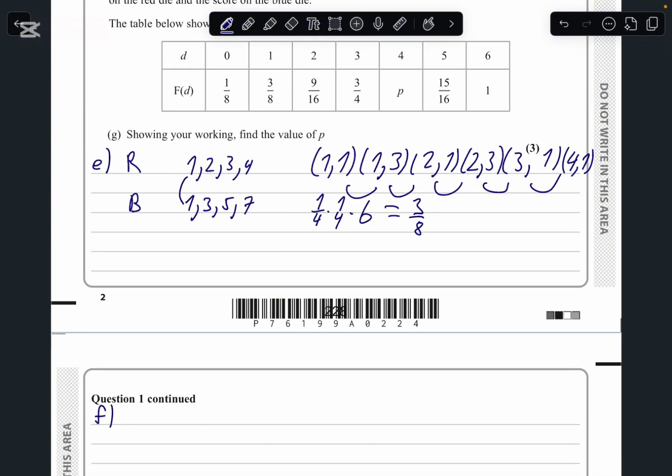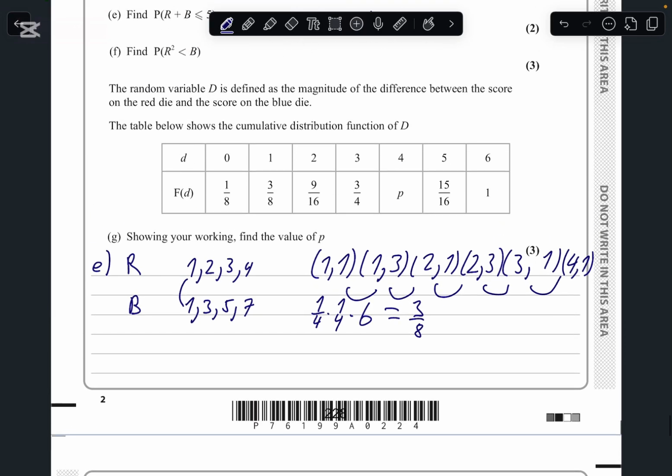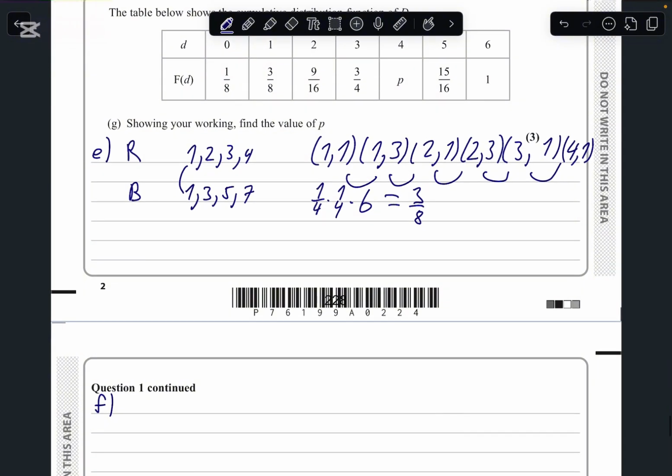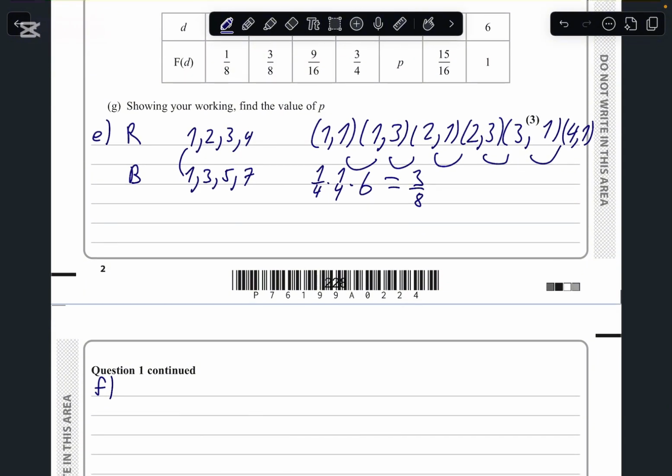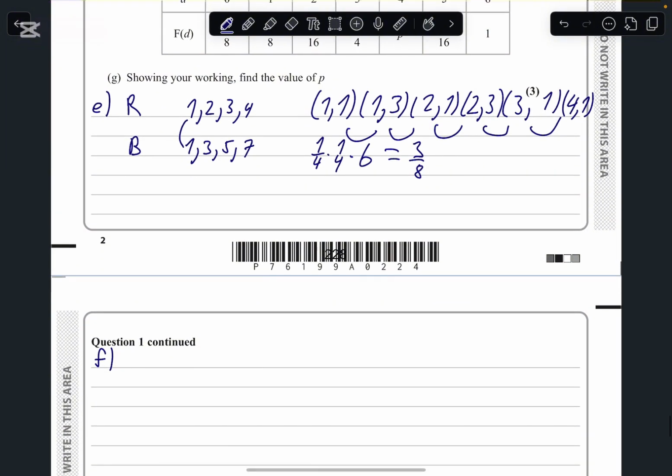In part F, we need to find the probability where R squared is smaller than B. Again, we can find the cases where this is valid. When we draw 1 from R and 1 from B, 1 squared is equal to 1, so that is not valid because R squared needs to be smaller than B. When we draw 1 from R and 3 from B, that's valid.